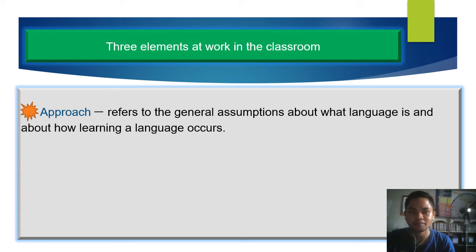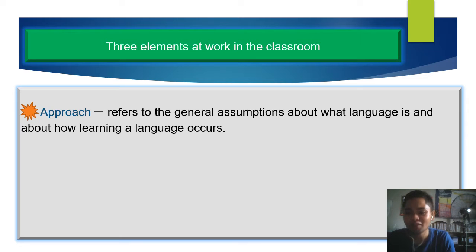So an approach to language teaching has something to do with how knowledge of a language is acquired, or it can also be the nature of language.